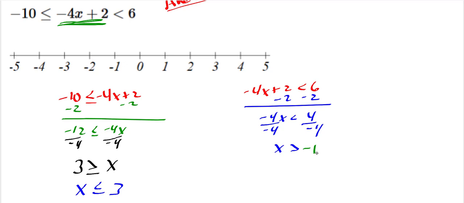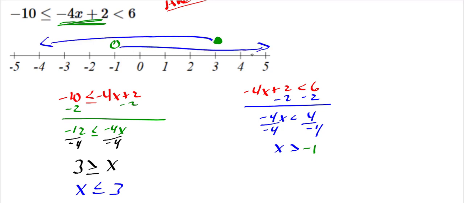All right, so when you graph this, I need you to understand something. This is negative 1, it's going to be an open dot. That is 3, that'll be a closed dot. Normally you go, they're like this and they're like that, right? Not true for an "and." For an "and," it's only where they touch.